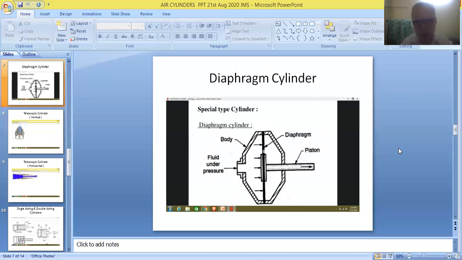So friends, whatever may be the case, the principle of operation is one and the same, but the pistons will be covering a very large distance when compared to diaphragms.